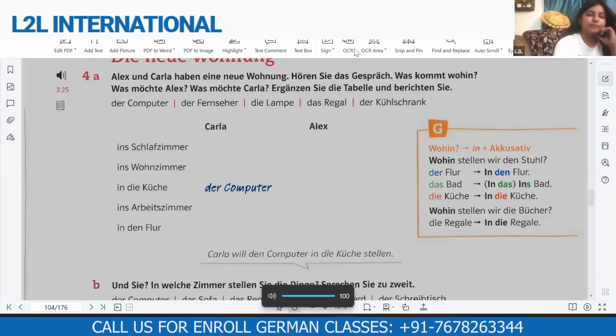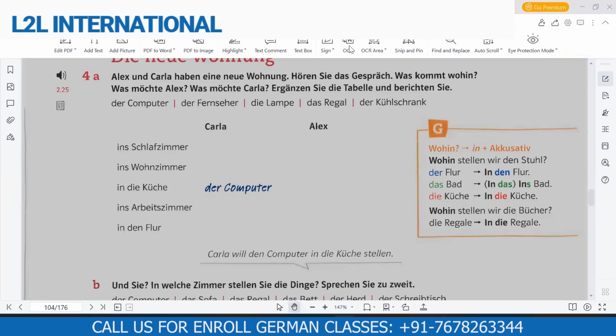So, wie machen wir das jetzt? Ich denke, den Computer, den stellen wir in die Küche. Da ist es schön hell, da kann ich gut arbeiten. In die Küche? Mensch, Carla, jetzt haben wir endlich ein Arbeitszimmer. Und der Computer kommt natürlich ins Arbeitszimmer. Findest du? Na gut, aber den Fernseher stellen wir ins Schlafzimmer.